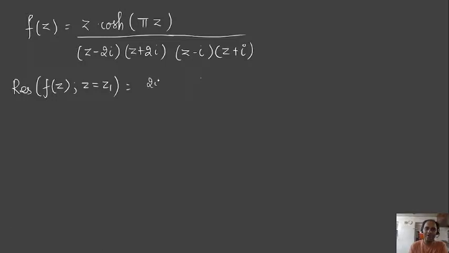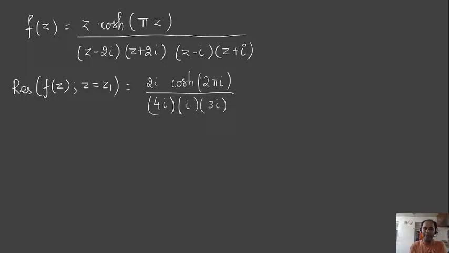So it is 2i into cos h 2 pi i divided by, here it is 4i, and then 2i minus i is i, and 2i plus i is 3i.